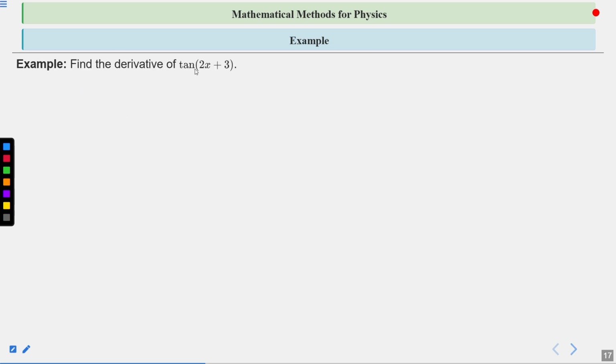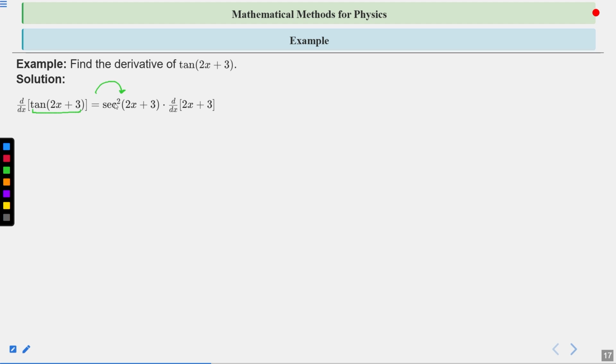Find the derivative of tan 2x plus 3. Solution: derivative of tan 2x plus 3. So first we find out the derivative of tan 2x plus 3. So it will be sec square 2x plus 3.